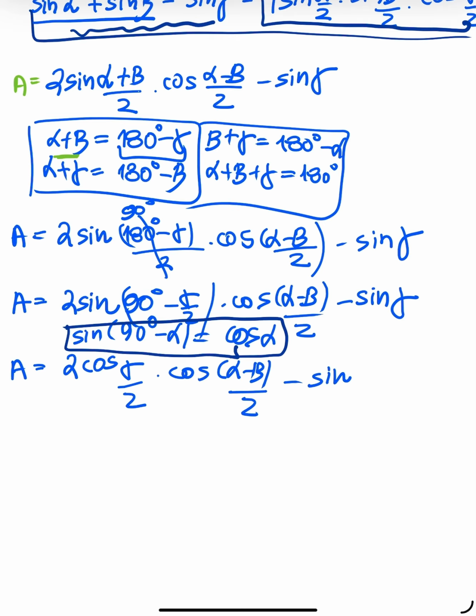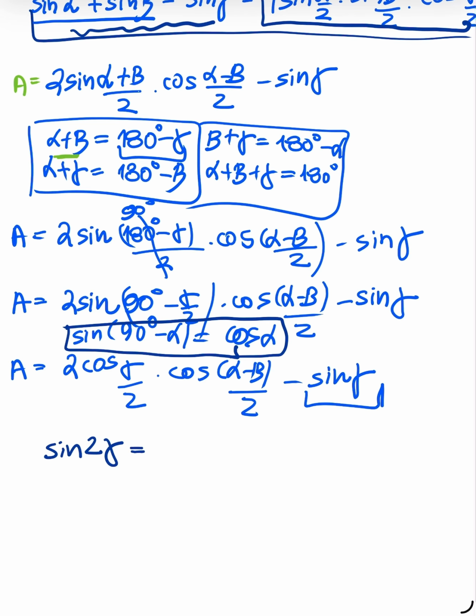So now we are thinking of a way to present this sine gamma. We can use the formulas for double angle. We know that sine 2 gamma is equal to... one moment, because I forgot the formula, let me check the double angle formula.